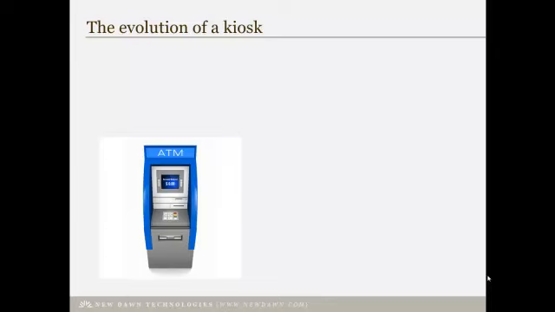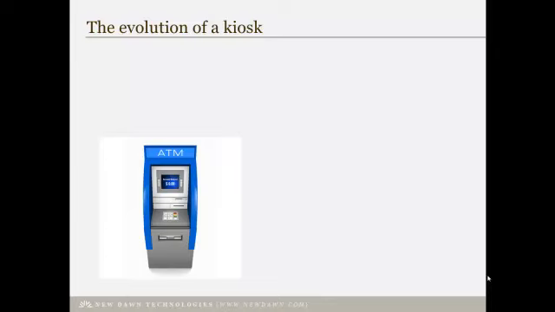Usually the beginning ATMs were just a way for us to get money, withdraw money, or check a balance, right? Now the banking ATMs allow you to make deposits and interact in other ways. They definitely have evolved.